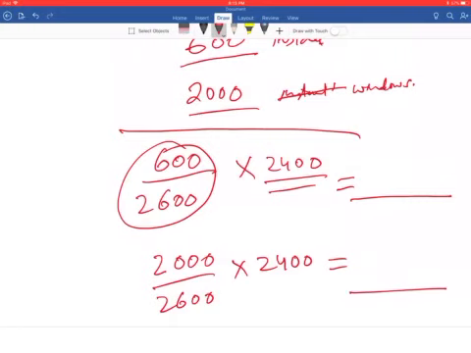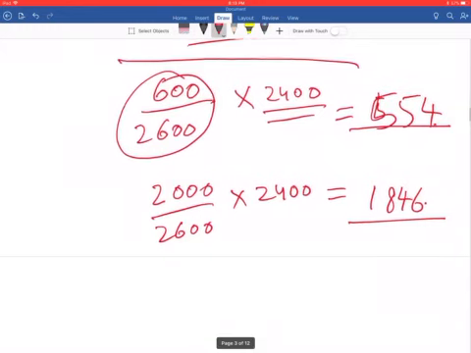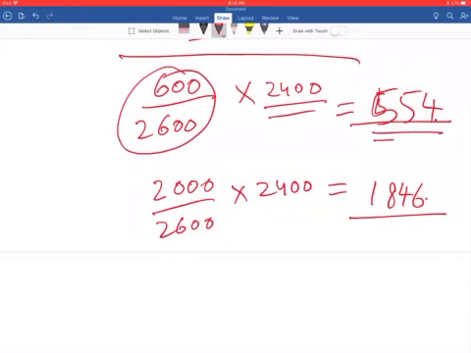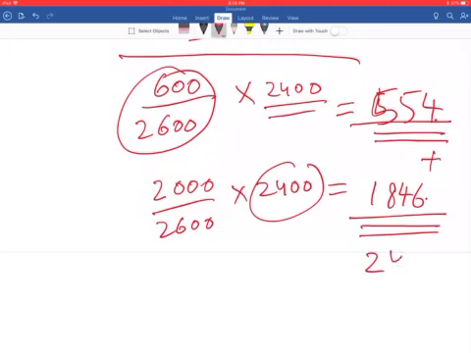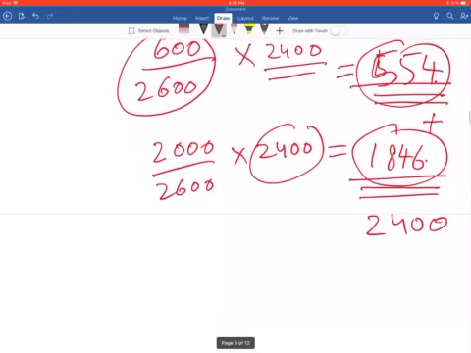So I think the answer is $554 approximately for installation and $1,846 for windows. Once the work is done, that's what we're going to recognize out of $2,400. If you sum these two numbers, it's $2,400. So we will recognize revenue when the work is done for installation and for windows by these two amounts.